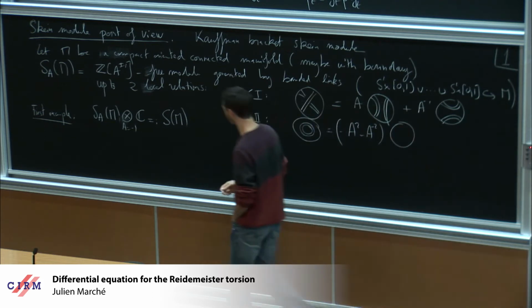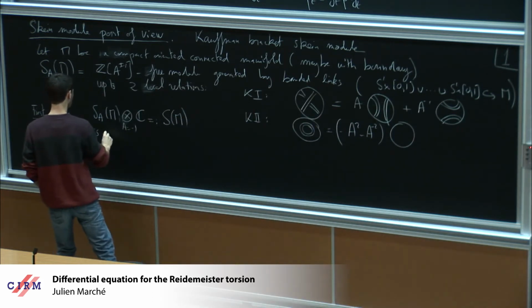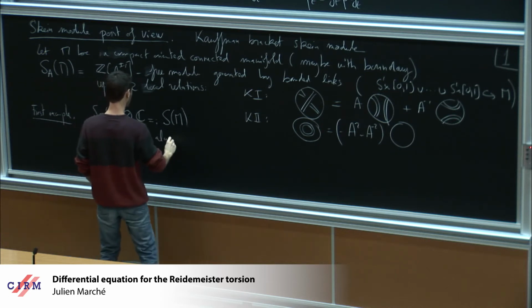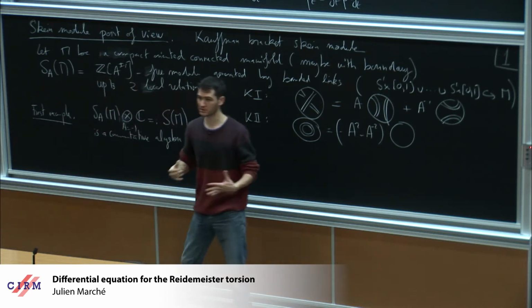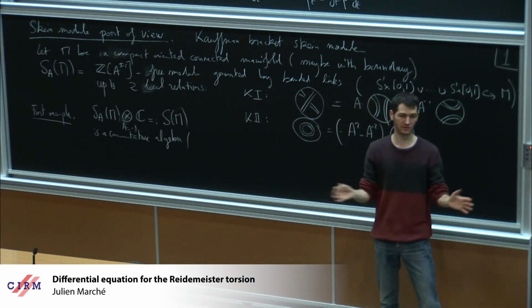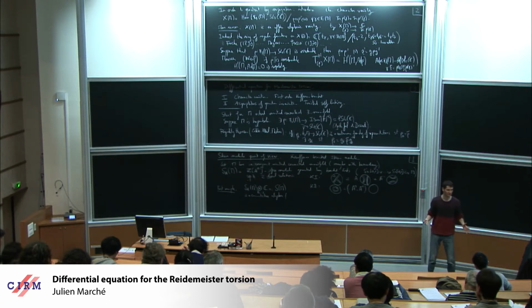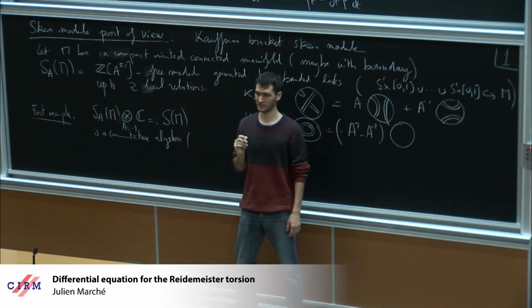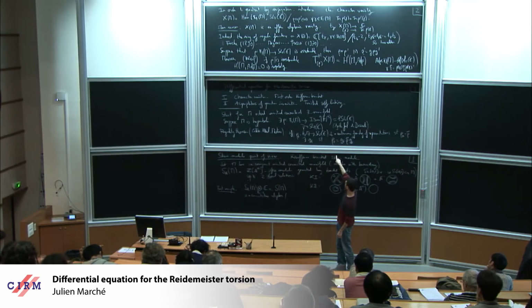And this is a commutative algebra. The product is just given by disjoint union. If you have two links in M, you just take the disjoint union, supposing that they are disjoint, and it's well defined. This is an algebra we already saw. It's exactly the same algebra as the algebra of trace functions.